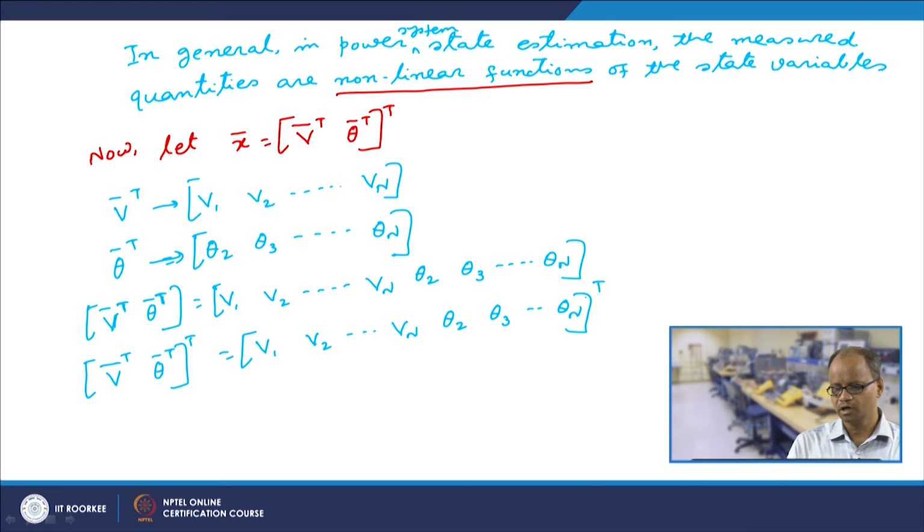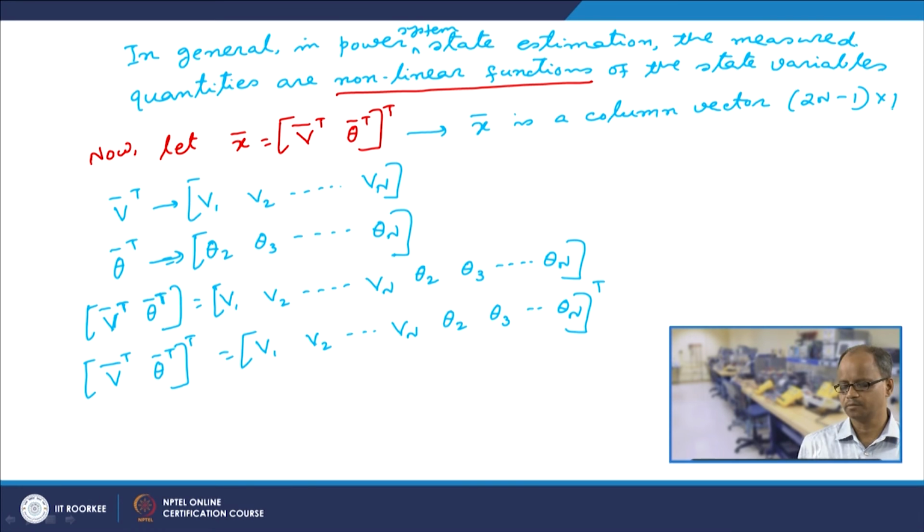So x is a column vector, and the dimension is 2n minus 1 cross 1.